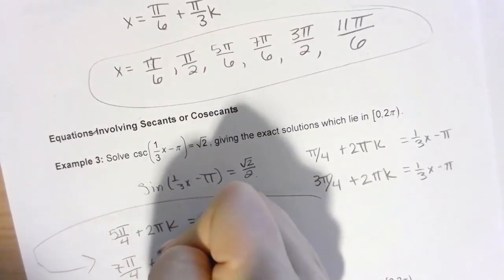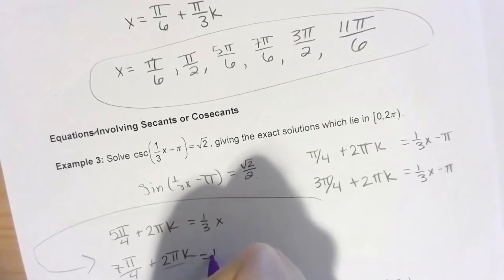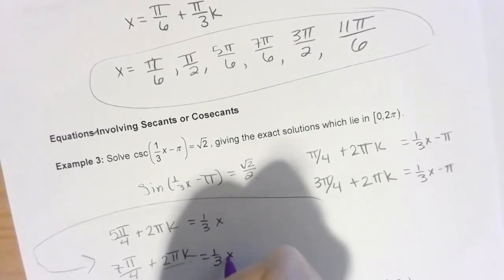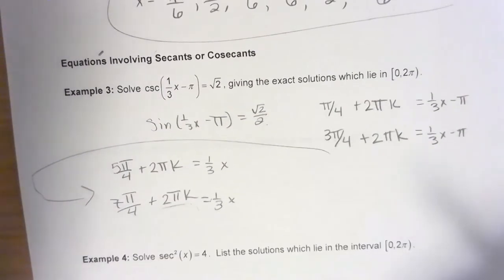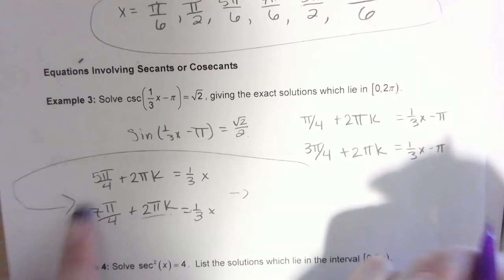Now, we have to remember and keep in mind that this is still 1/3 x. How do we get rid of a 1/3? We have to multiply both sides by 3. So we have to multiply everything.